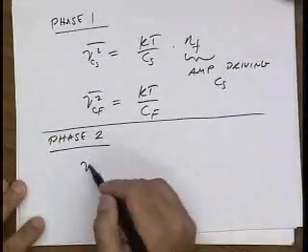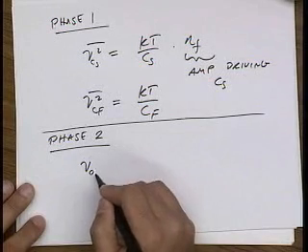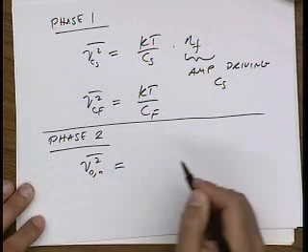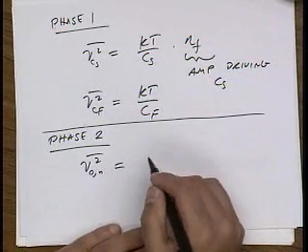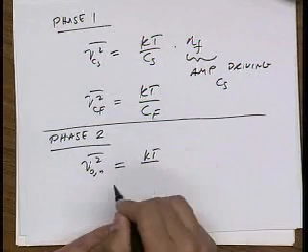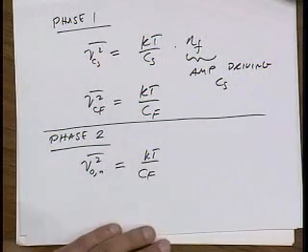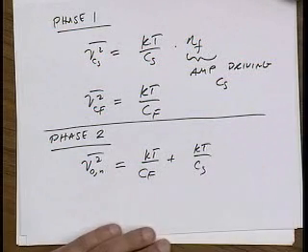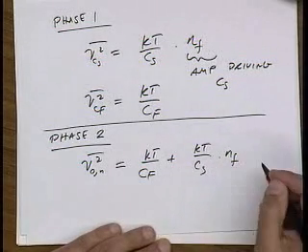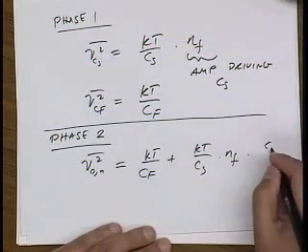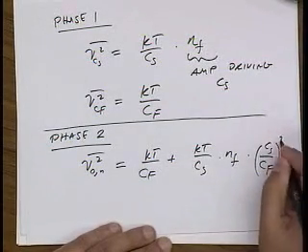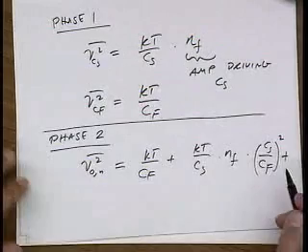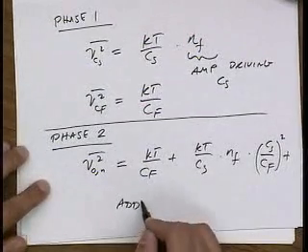So I could say that in phase 2, I'm going to have just the kT over Cf noise, right? That directly adds to the output. Then I'm going to have the kT over Cs times NF noise multiplied by the transfer function Cs over Cf squared, plus the additional noise.